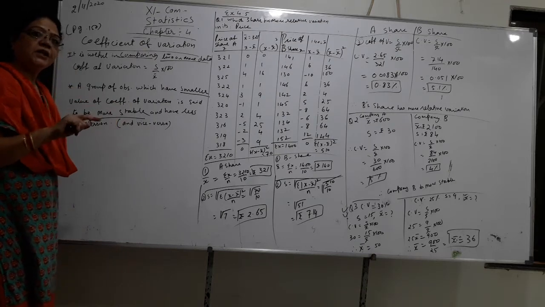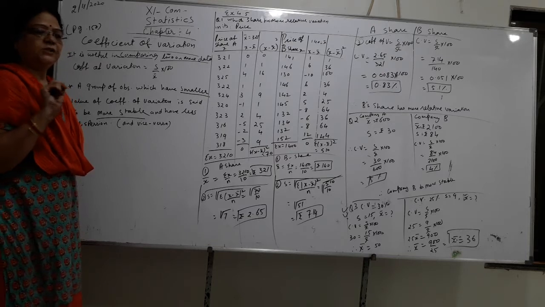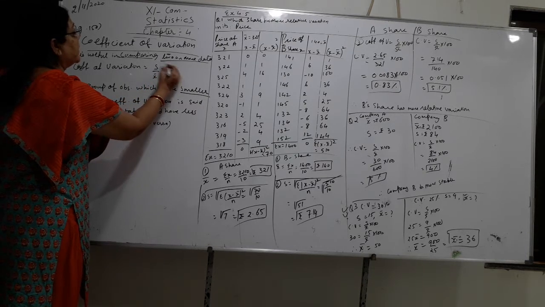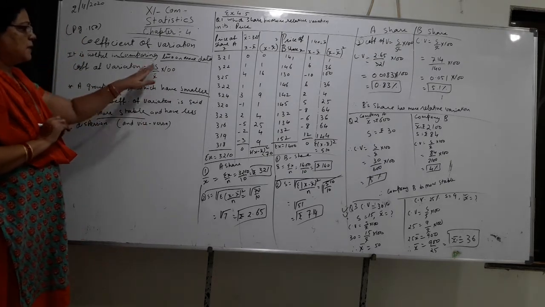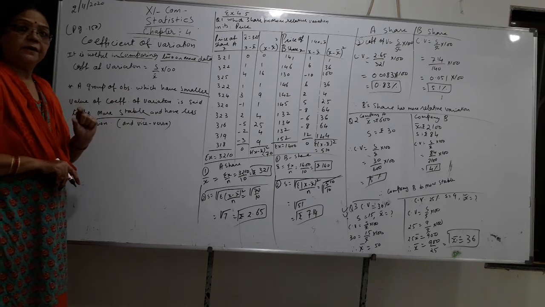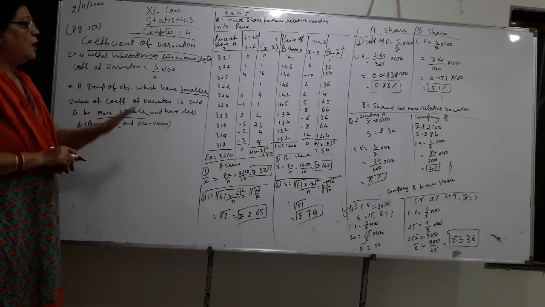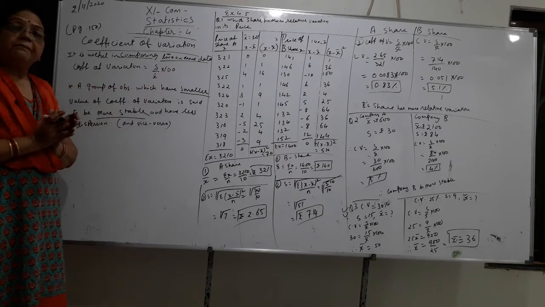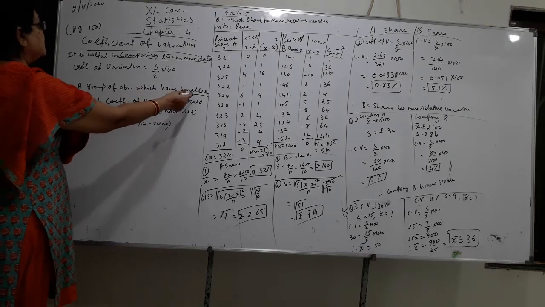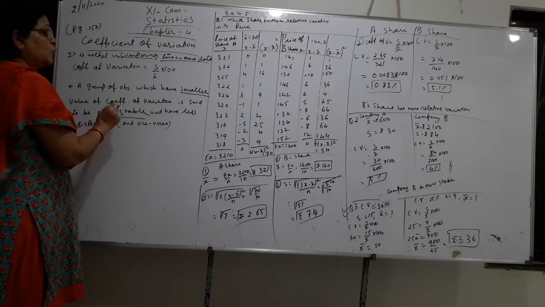Coefficient of variation means it is expressed in percentage, and so for that reason here you have to multiply by 100. Okay, S upon x bar we have seen, that is coefficient of standard deviation, and multiply by 100 means coefficient of variation, where two or more groups can be compared. A group of observation which have smaller value of coefficient of variation is said to be more stable.